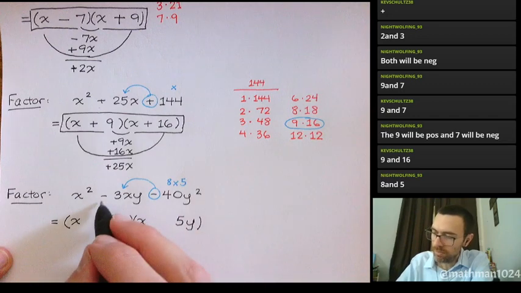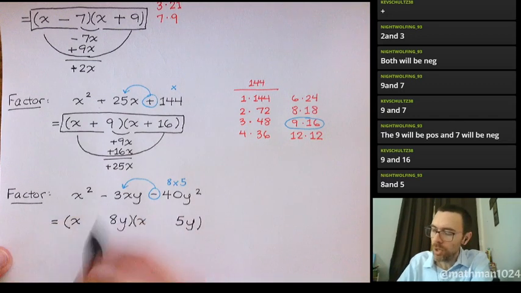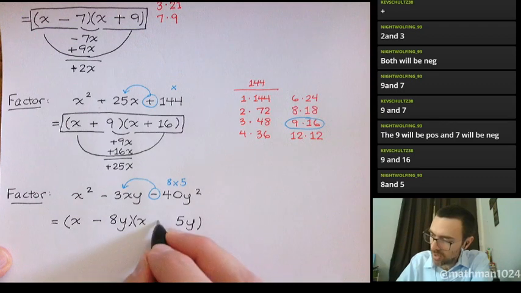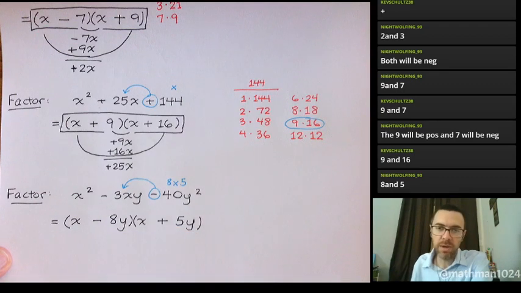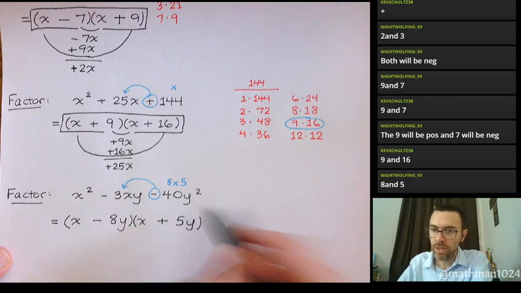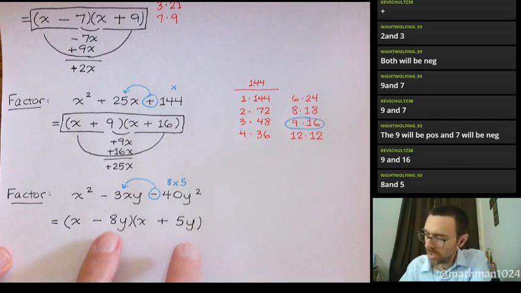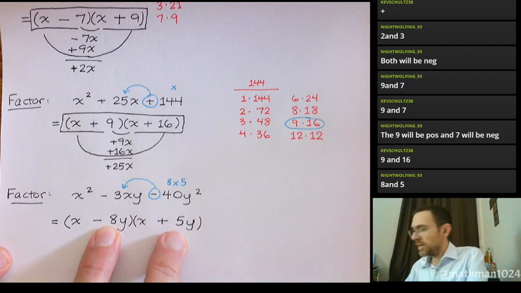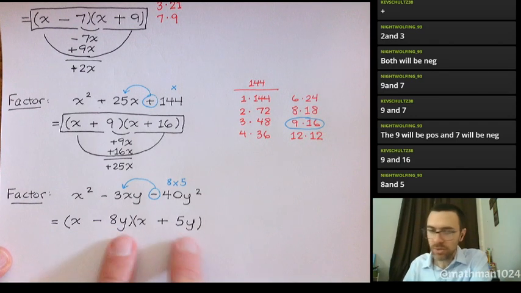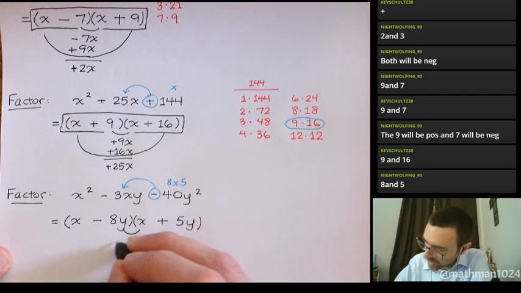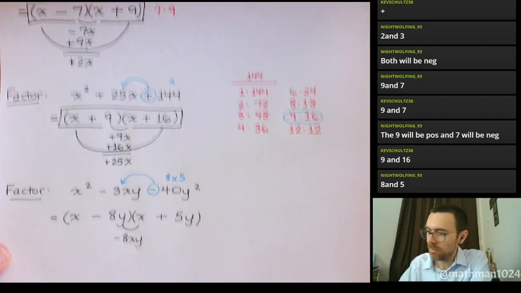And since the middle sign here is negative, we need to make sure that the larger of these numbers keeps that sign. And the other part here is going to be positive, so that we end up with a negative 40y squared. You might say, does this really work out? Negative 8 times positive 5 is negative 40. The y times y is y squared. On the inside, that's negative 8xy.